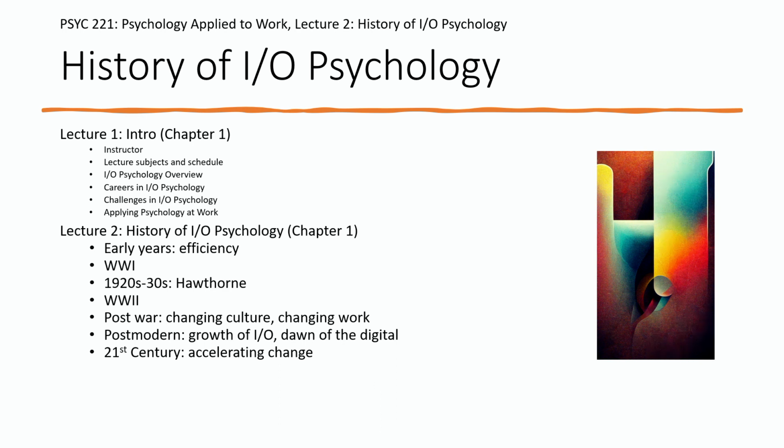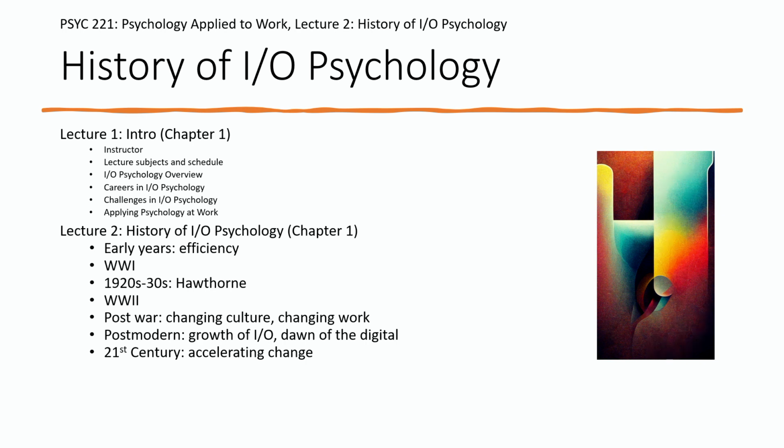And the whole time we'll talk about how IO psychology has adapted, what their contributions were, and the changing landscape. If you recall, one of the challenges, a whole slide on the challenges of IO psychology from the last lecture, was just about the moving target that is our culture and our business processes, our organizational models, and all of that entanglement.